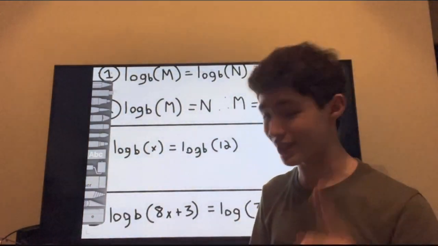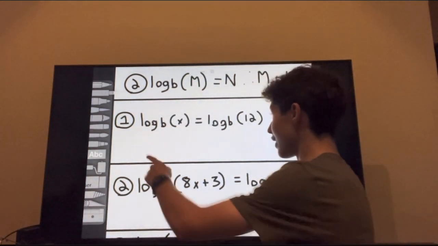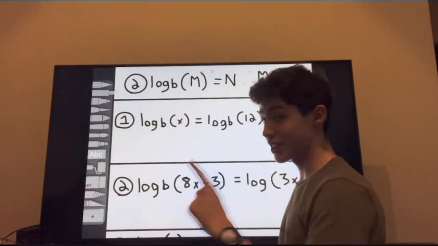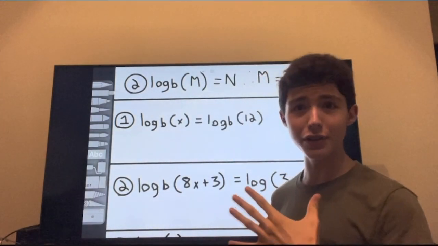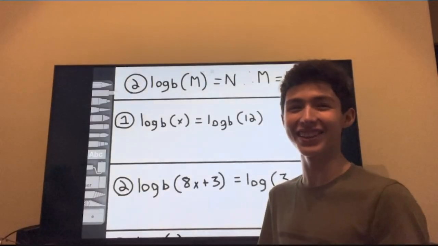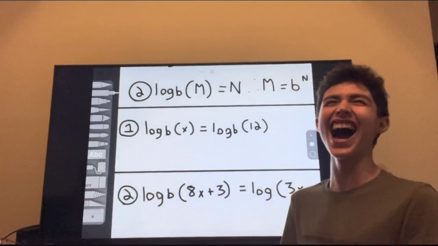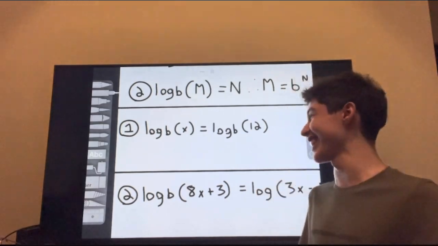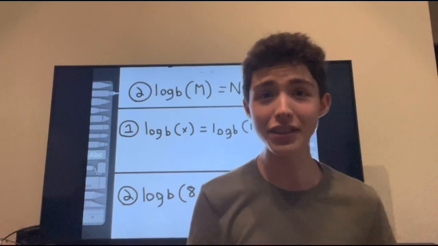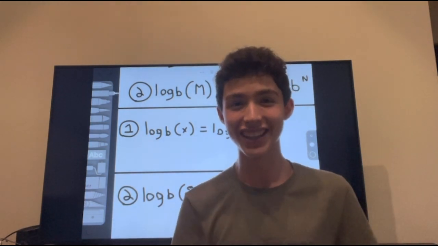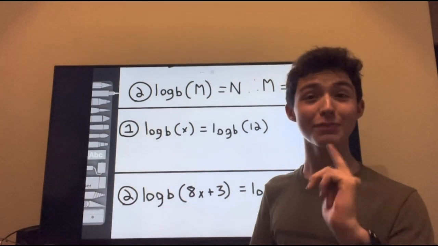So firstly, we're going to the first problem. Look, we have log b of x is equal to log b of 12. So how can we do this? Well, we can just cancel both logarithms. We're going to use the first method.